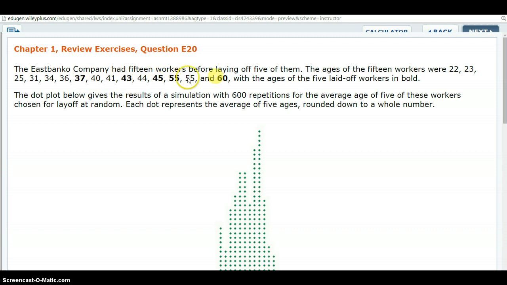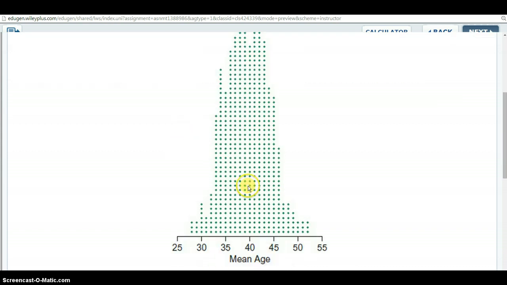The ones in bold are the ones that are laid off. Below, we have a simulation with 600 repetitions. So what's going on here is that in order to find out if the average age of being laid off is something that's acceptable by chance or whether it's some kind of suspicious pattern, what they're doing is putting 15 numbers in a number generator, pulling out 5 of those numbers, taking the average of the 5, these are the ones that are simulated getting laid off, and then whatever the average of those 5 is, it puts a single dot on this chart.